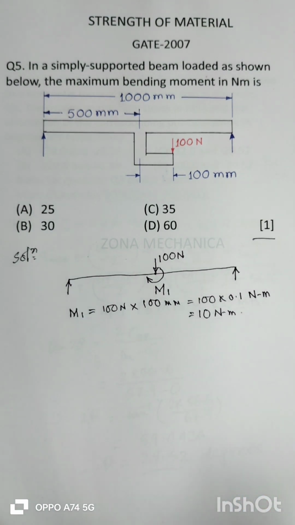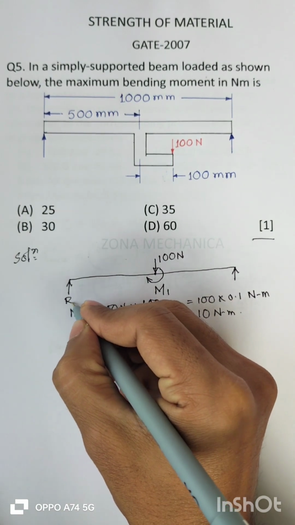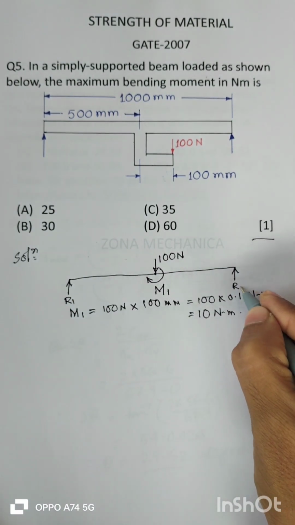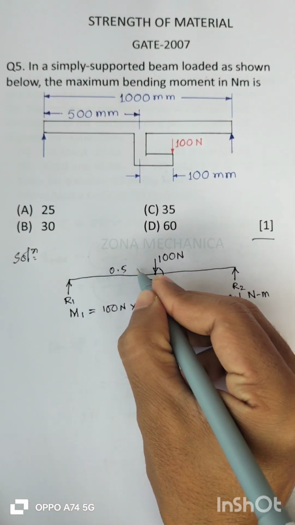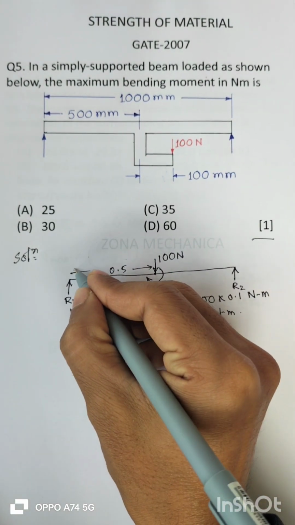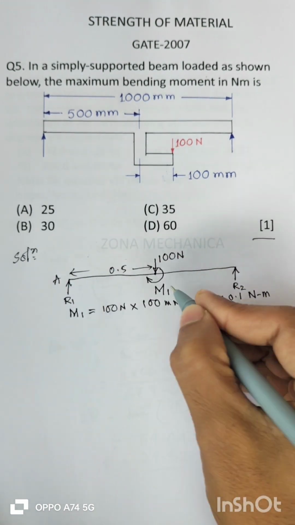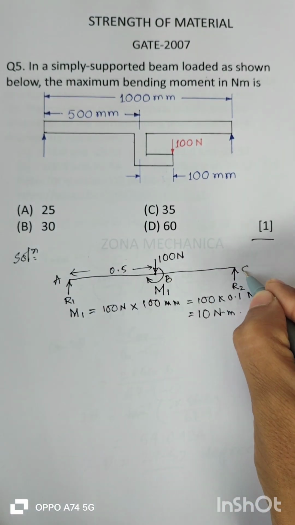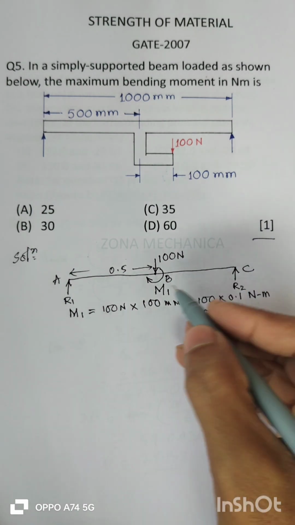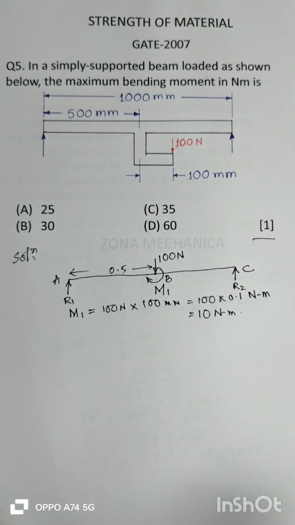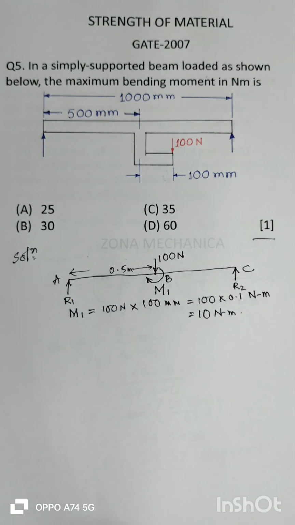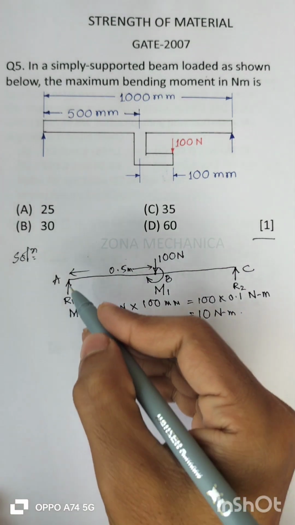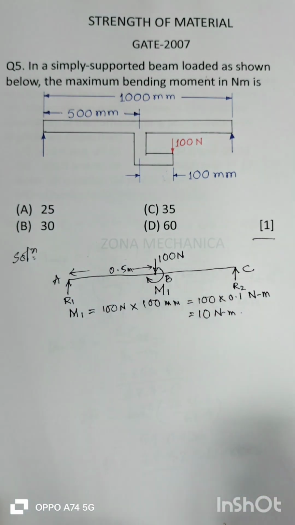Now suppose this reaction is R1 and this reaction is R2. Clearly this is 0.5. Suppose this is the point A, this is the point B, and this is the point C, and the entire length is 1 meter, 0.5 meter each. Since it's a simply supported beam, the bending moment at the two ends will be 0.